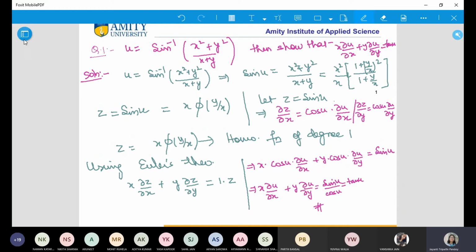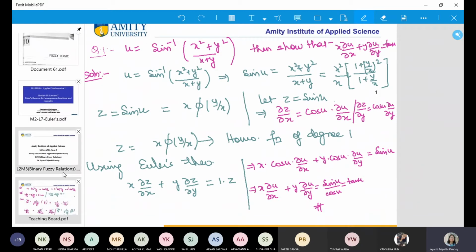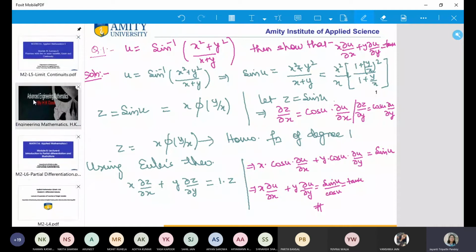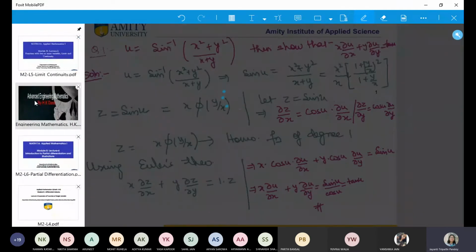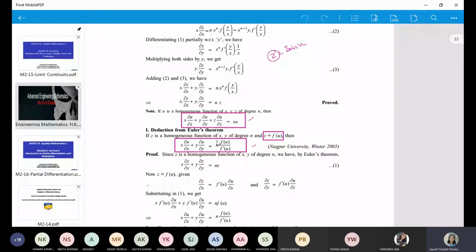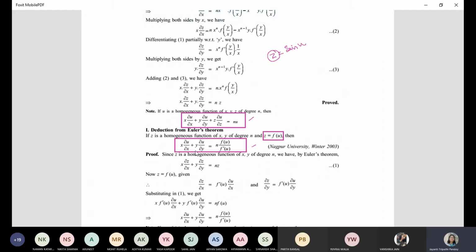Now what was that theorem? The deduction. I want you to read that deduction again. Now what was this deduction? If you have z is equal to f(u), then x del u by del x plus y del u by del y is n f(u) upon f dash u.